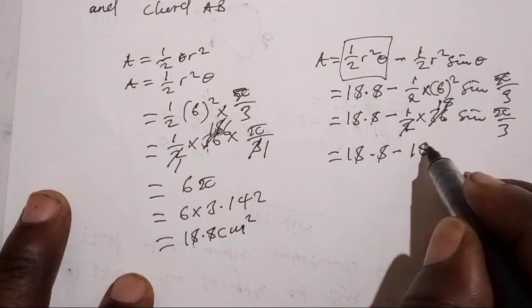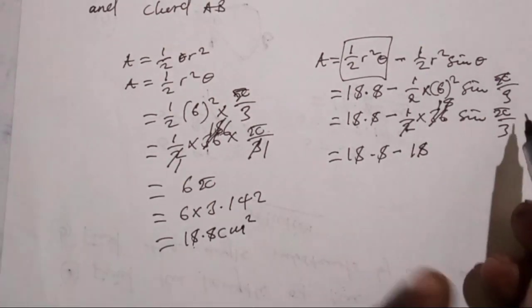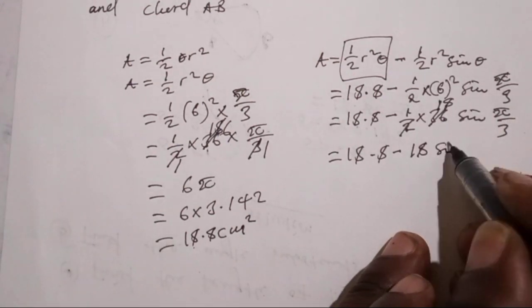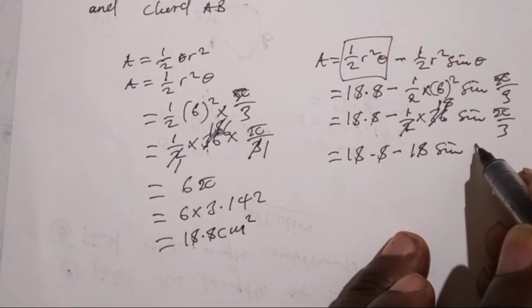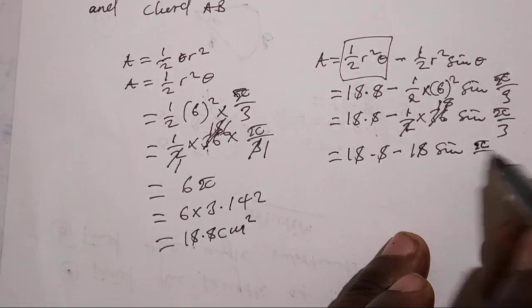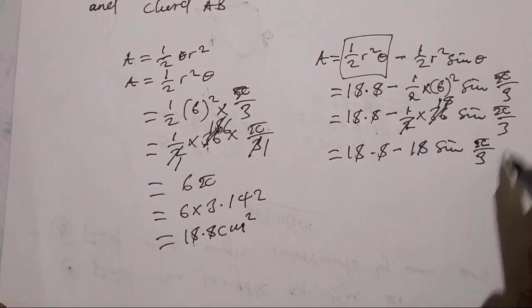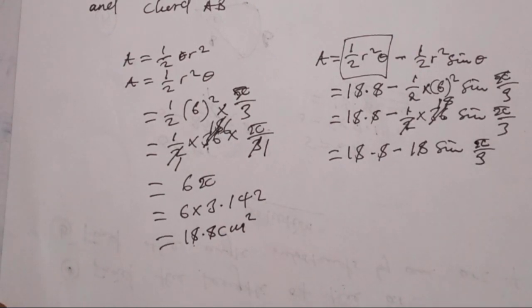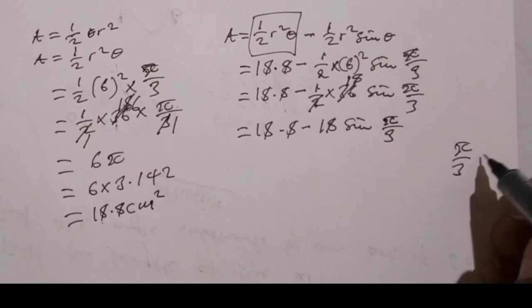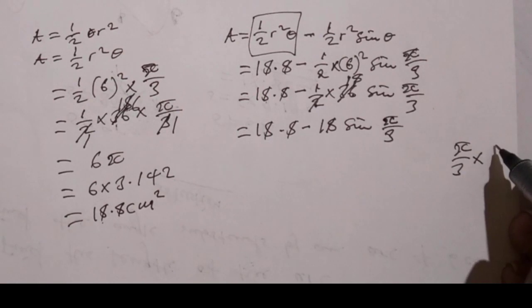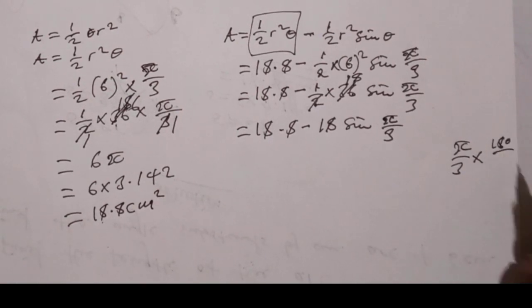So here we have 18 sine pi over 3. For you to know this, we have to take this radian into degrees, in which it will be pi over 3 multiplied by 180 over pi.